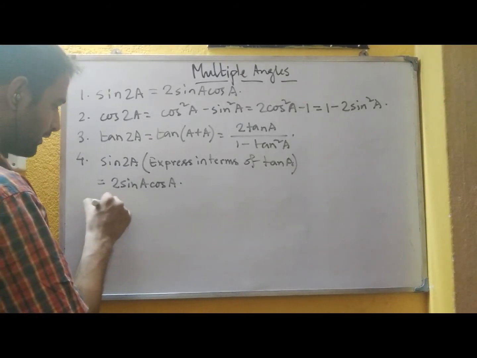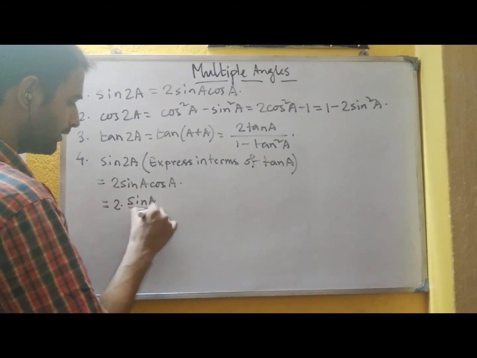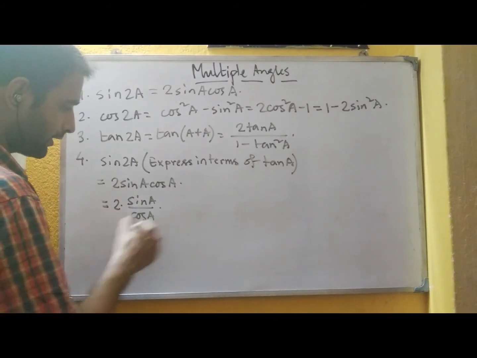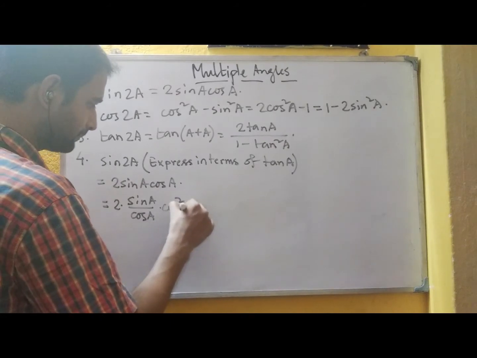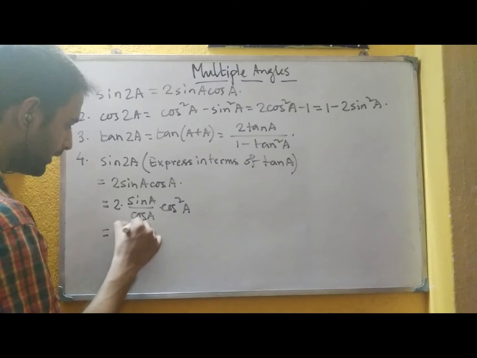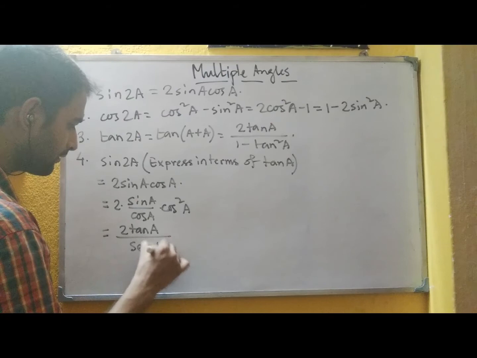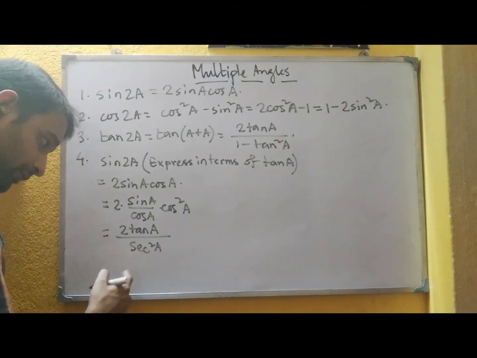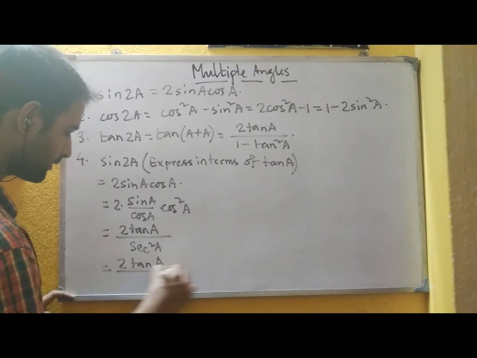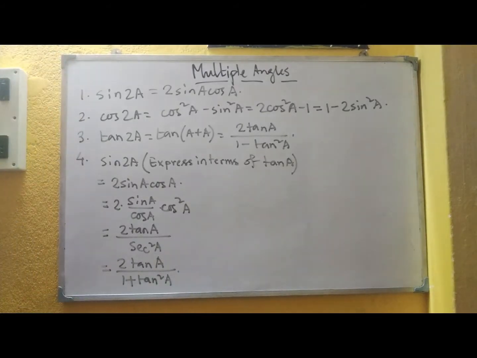So we can write here 2 into sin A by cos A. And to balance this cos A in the denominator, we have to write here cos square A. Now we can write the numerator as 2 tan A and the denominator as sec square A. And as we know, the formula for sec square A in terms of tan is 1 plus tan square A. So we can write it as 2 tan A by 1 plus tan square A.